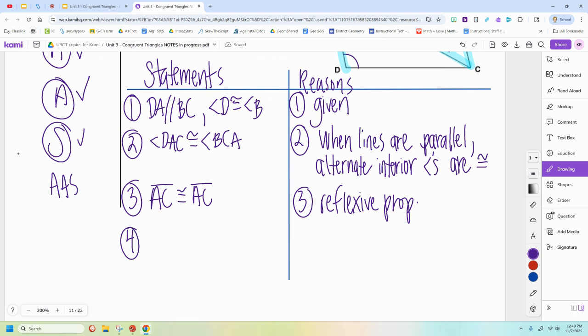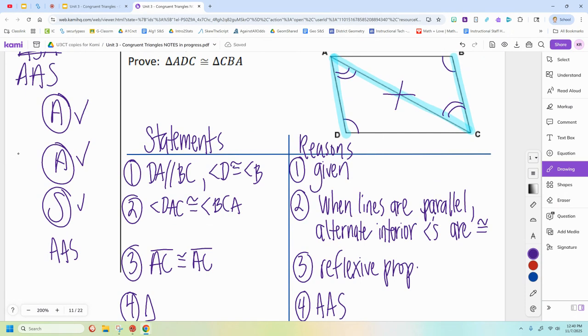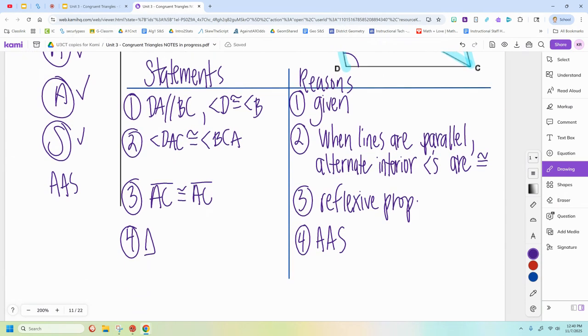We are done. We have angle, angle, side. So triangle ADC is congruent to triangle CBA. Thank you, CBA.